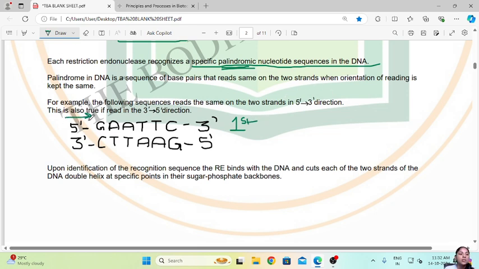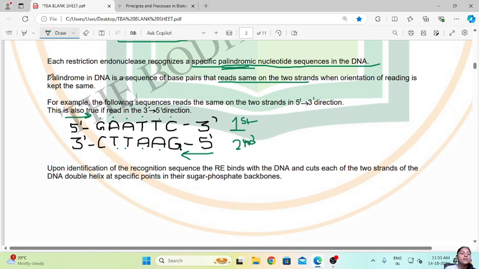So in this direction we have G, A, T, T, C. Then this is our second DNA strand, and from here also we will read from 5' to 3' direction, that is G, A, T, T, C. So we have the same sequence, that is the base pairs read the same on the two strands when the orientation of reading is kept the same, meaning we are reading from 5' to 3'. Here also we are reading from 5' to 3'.